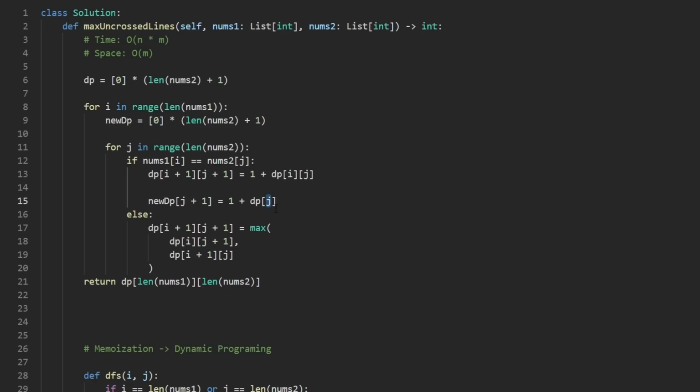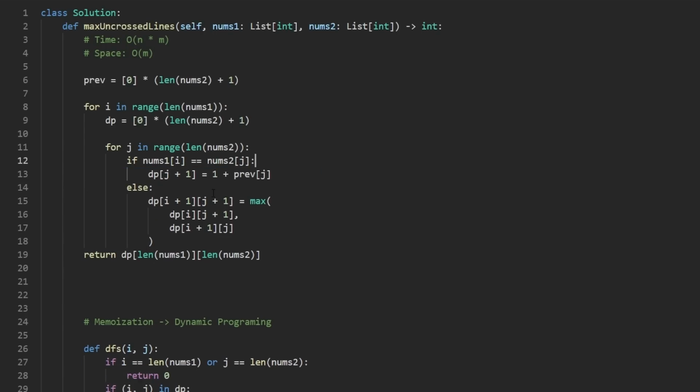And to make this a little bit more clear, let me actually update the variable names, changing dp to be previous. So that's going to be previous, and this is going to be previous. And this new dp, let's just call it dp. So this is also now going to be changed to dp, and we can get rid of this line. So this is basically doing the same thing. If we find matching characters, we want to look up above and to the left. That's why we changed the j+1 to a regular j.